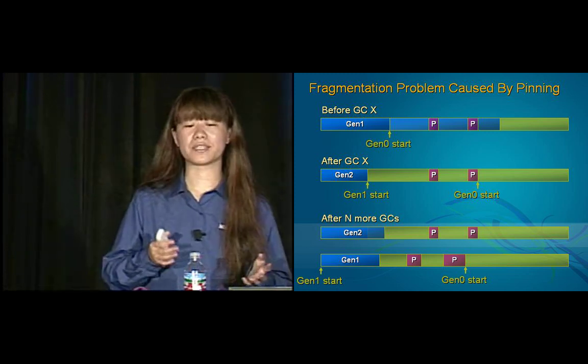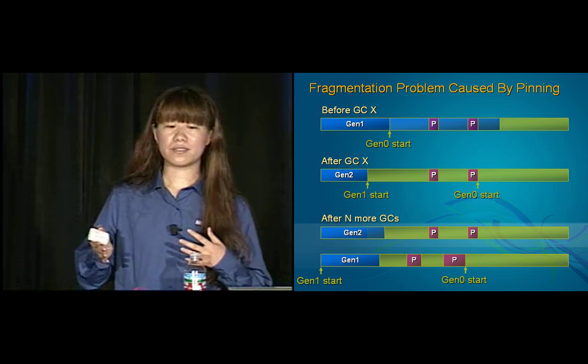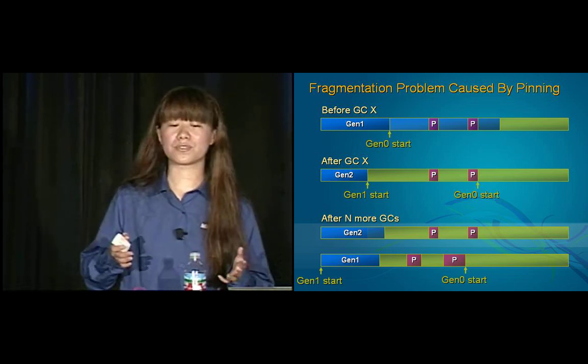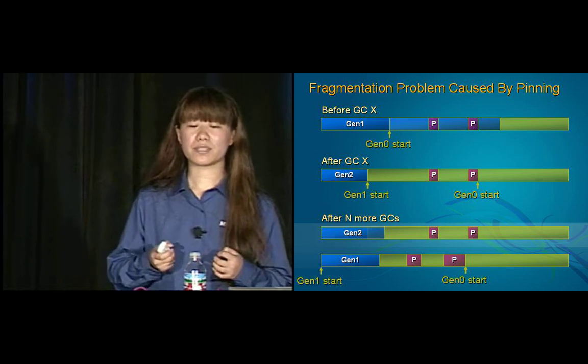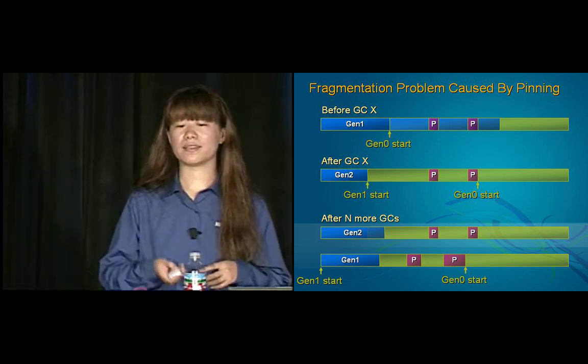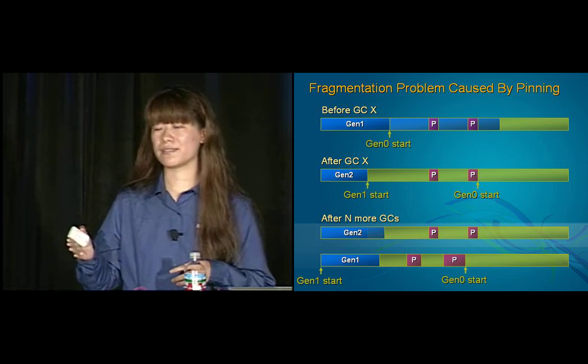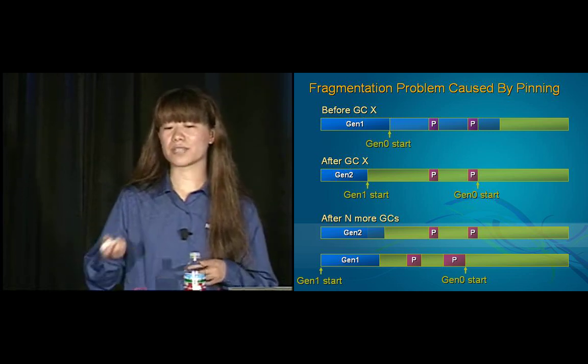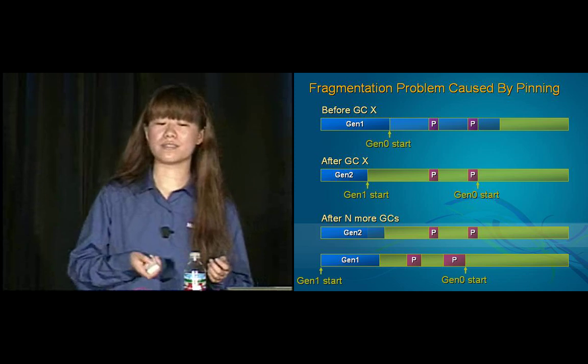And as we said, what survived from Gen 1 gets promoted to Gen 2. So now we have Gen 2, and Gen 1 has just the 2 pins. Then we make Gen 0 start right after the pins. This is where you're going to allocate new objects in Gen 0.